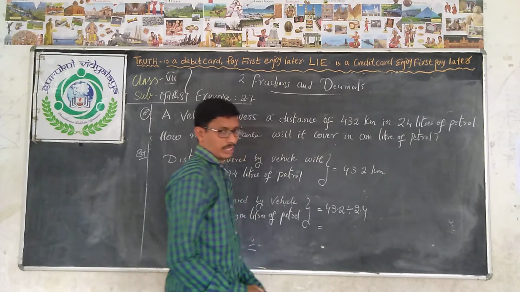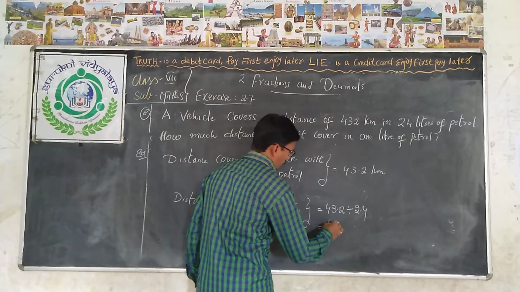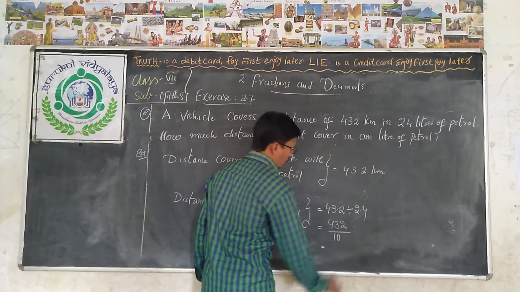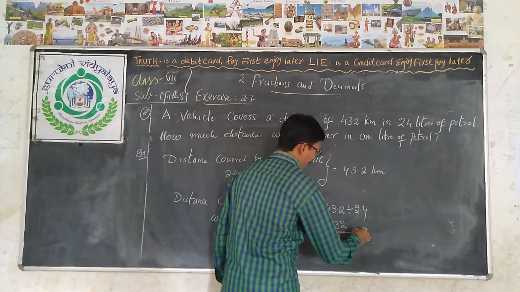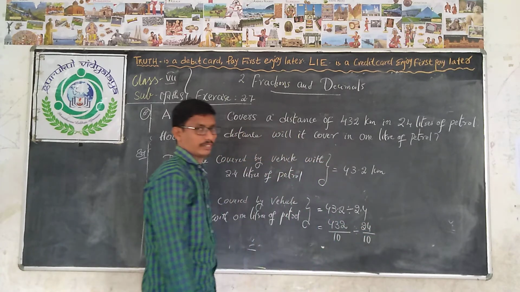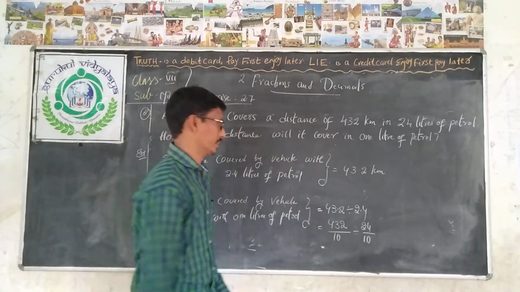Just now we completed the problems on how to do the division. So convert 43.2 into the fraction 432 by 10, divided by 2.4, which is 24 by 10. Simple, children. In division, the decimals are converted into fractions.